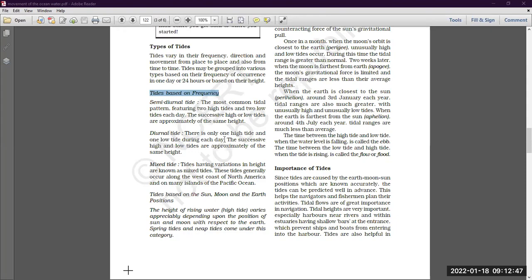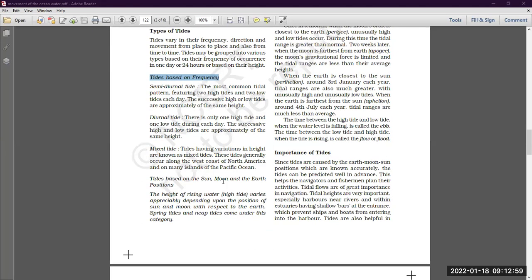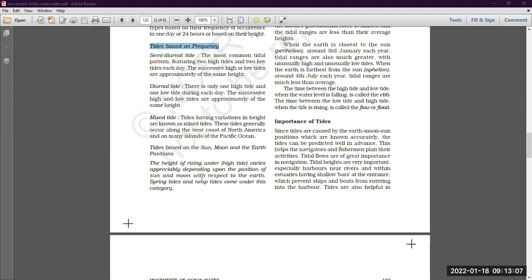So as we all know, there are different positions of the Sun, Moon and Earth at different times during a year. So the second classification of tides is based on these positions of the Sun, Moon and the Earth. Now you can see the height of rising water.